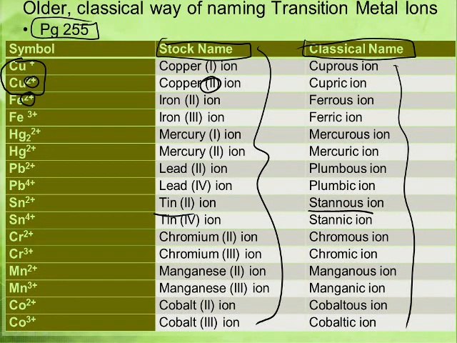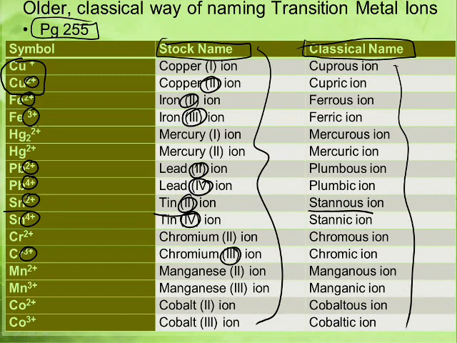And the 2 plus for the iron is 2 here. The 3 means it's iron 3. Lead 2 means it has an ion charge of 2 plus. Lead 4 means it has an ion charge of 4 plus. Tin 2 plus means it's tin 2. Tin 4 plus means it's tin 4. Chromium 3 plus means it's chromium 3.